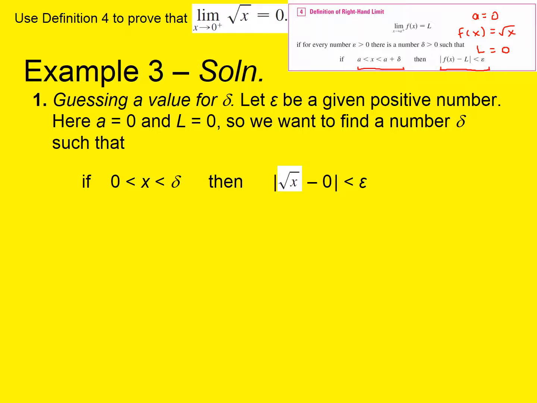Of course, that second thing, the then clause there, can be simplified. You don't need to say minus 0, of course. And you don't need the absolute value bars because the square root function, f of x equals square root of x, cannot be negative anyway. So our task reduces to finding a delta so that if x is between 0 and delta, 0 less than x less than delta, then square root of x is less than epsilon.